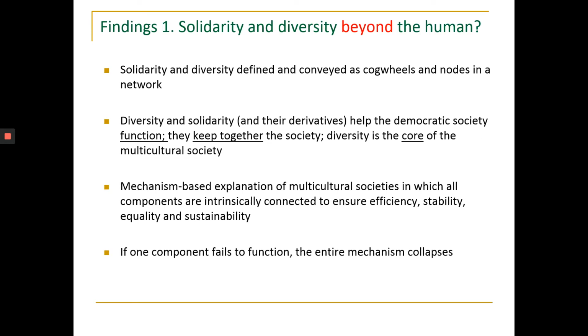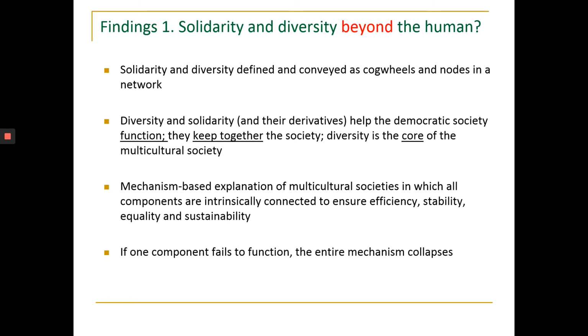And we now move to the findings. First, we noticed that solidarity and diversity are defined and conveyed as cogwheels and nodes in a network. Diversity and solidarity and their derivatives, such as tolerance, living together, respect, minority rights, community, and so forth, help the democratic society function.